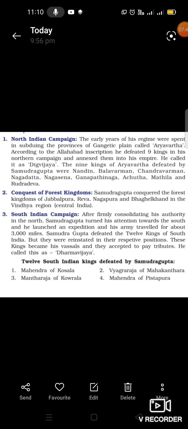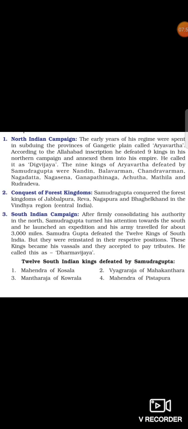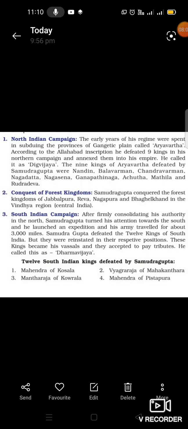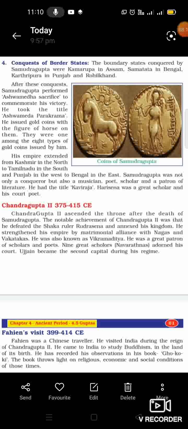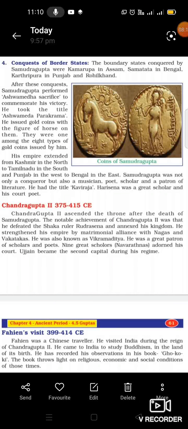The 12 South Indian kings defeated by Samudragupta. Who are they? First, Mahendra of Kosala. Second, Vagra Raja of Mahakantahara. Third, Mantaraja of Kovarala. Mahendra of Pishtapura. Swami Datta of Kottura.